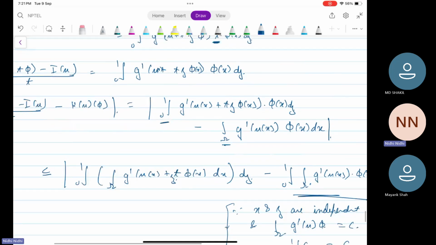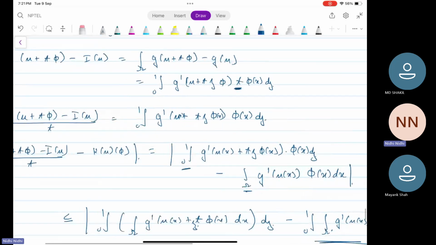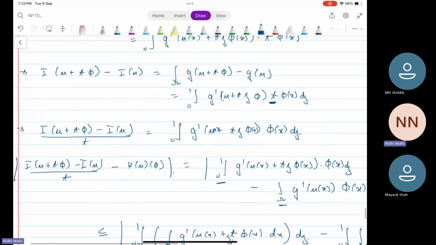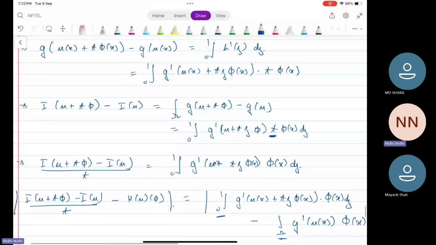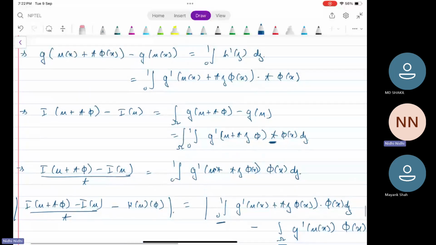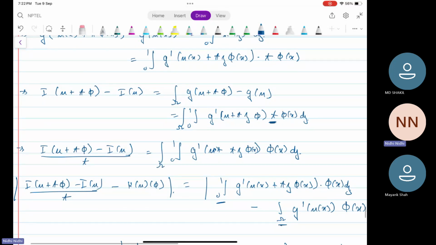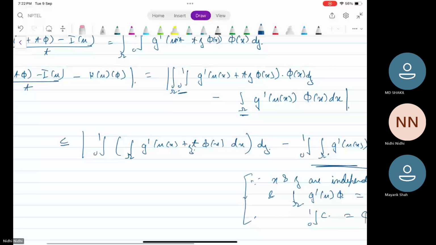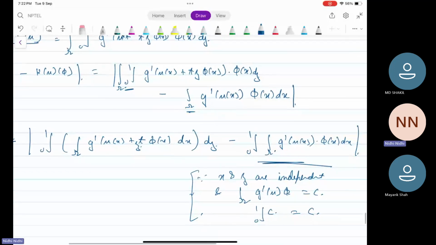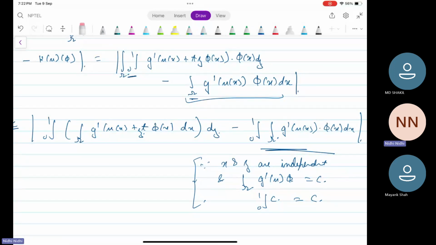And inside we already had Ω here as well, so this was a double integral. Because this is a constant, if we integrate a constant from 0 to 1, we get the same thing again. Just to make everything similar, I made both the terms double integrals.